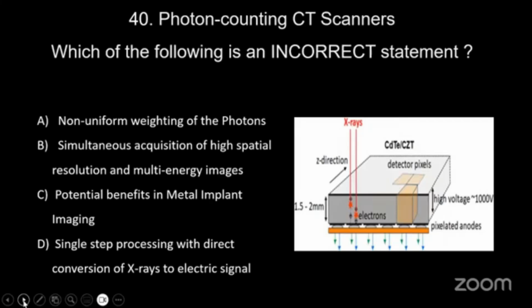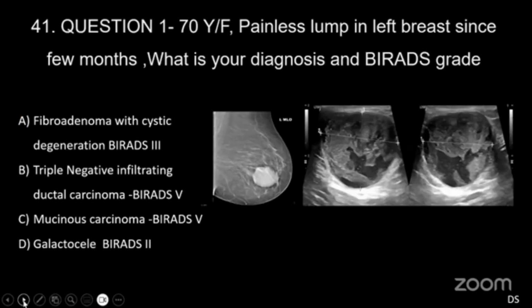Photon counting CT scanner gives uniform weighting of the photons, and so A is wrong. Rest of them are correctly mentioned. In a 70-year-old female, these pictures are classical for BI-RADS 4C category, but option is not given, so C is the correct answer with mucinous carcinoma BI-RADS 5.